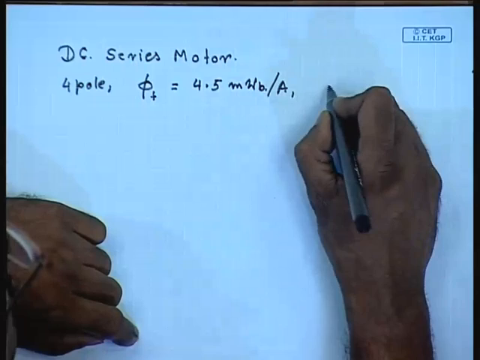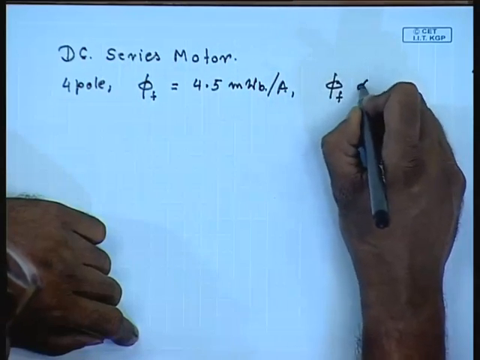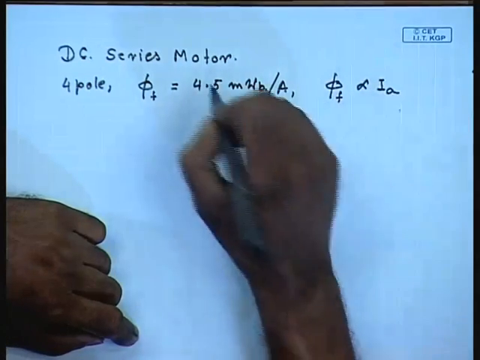We are assuming that phi f is proportional to Ia, that is linear magnetization characteristics.